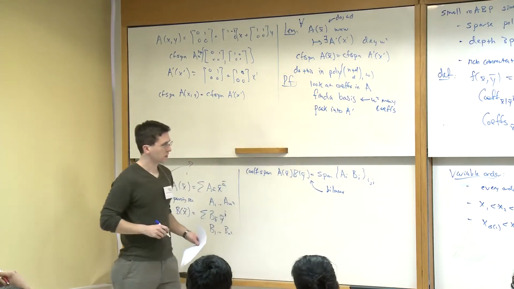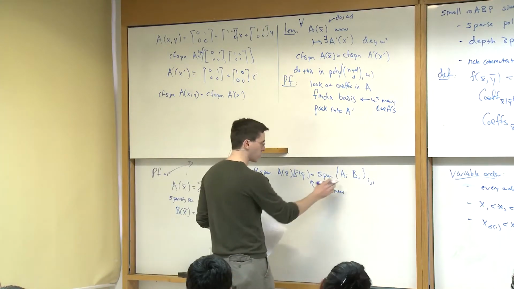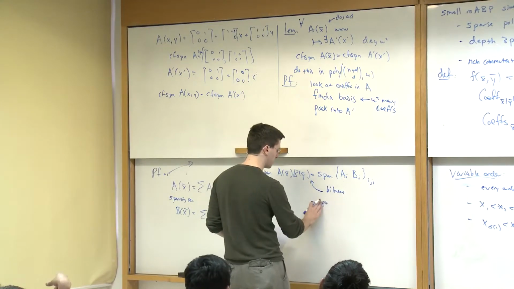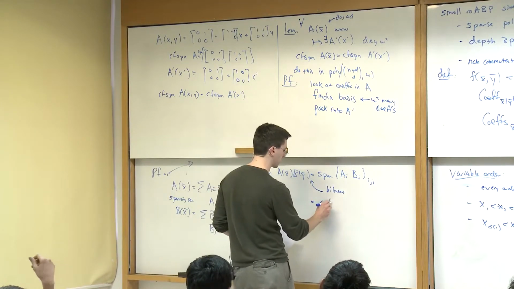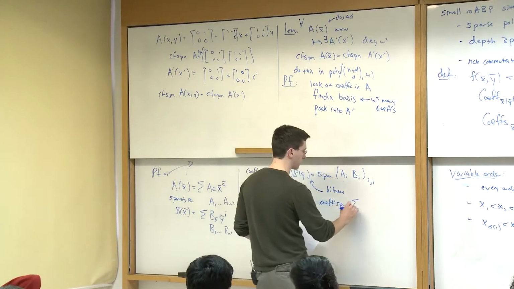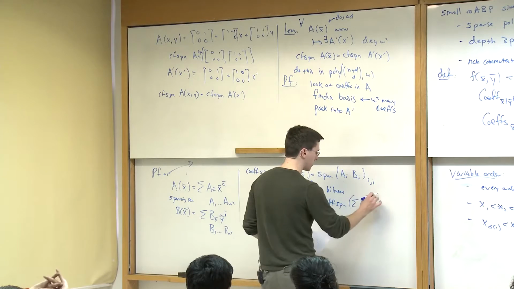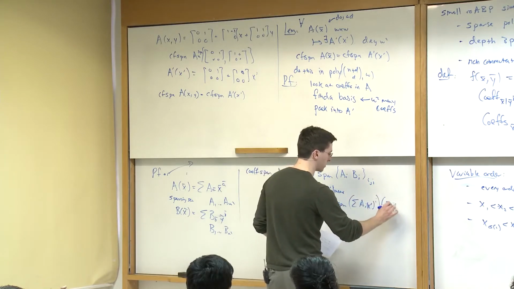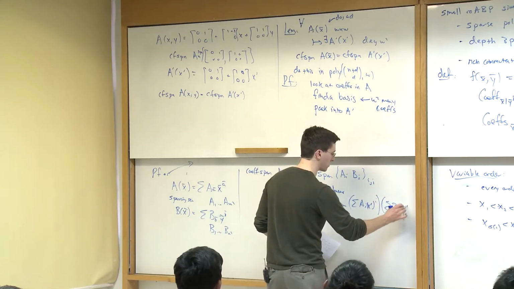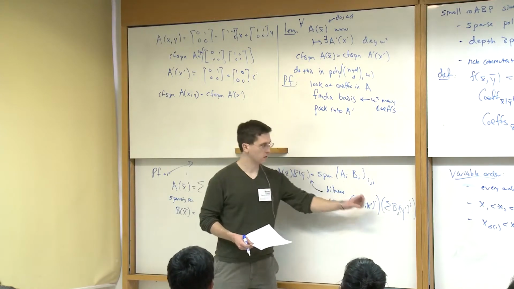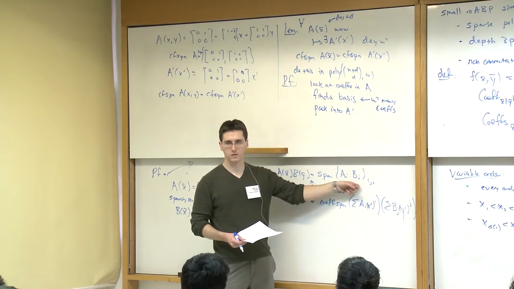Okay. And the point is that what is this thing? This is equal to the span, is equal to the coefficient span of summation A_i x to the x prime to the i times summation b_j y prime to the j. Right? Because the coefficients of this product are exactly these matrices.